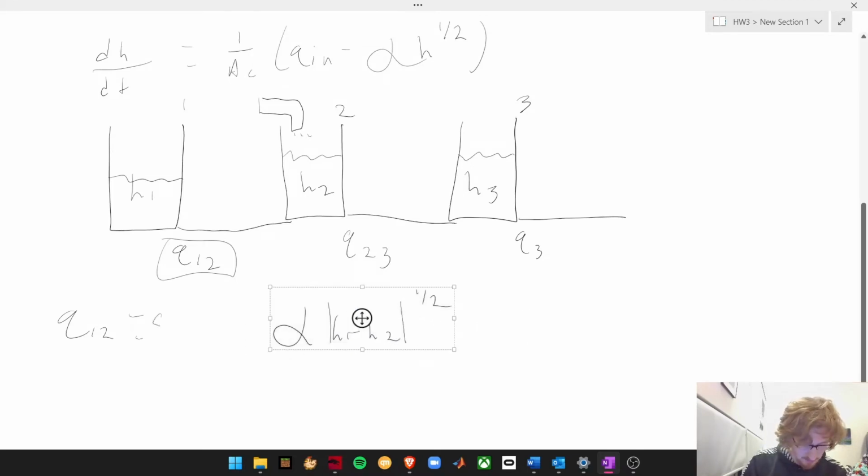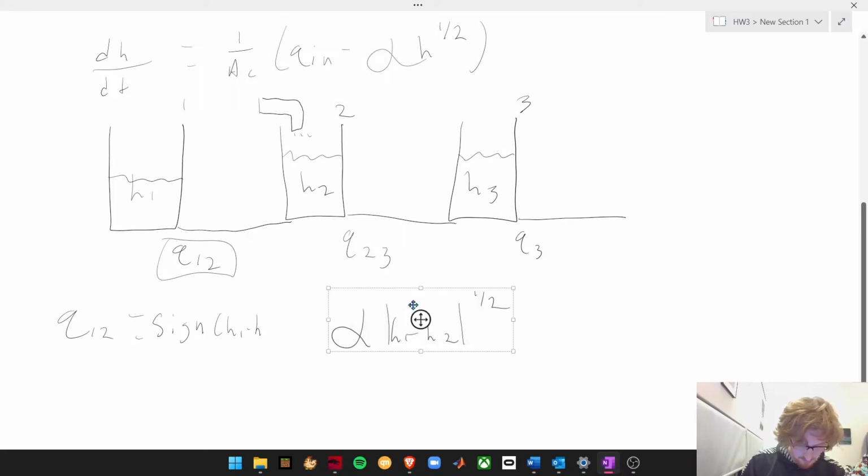We'll just be doing the sign of the difference in heights again. So now we have the outflow from tank 1 to tank 2, and we can do the same thing for tank 2 to tank 3.